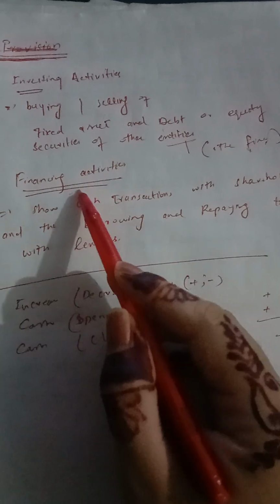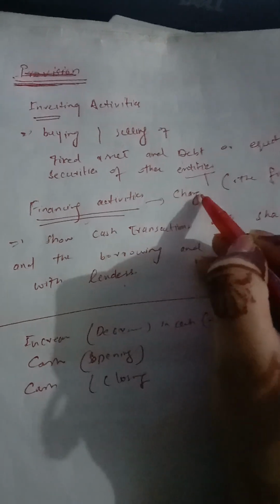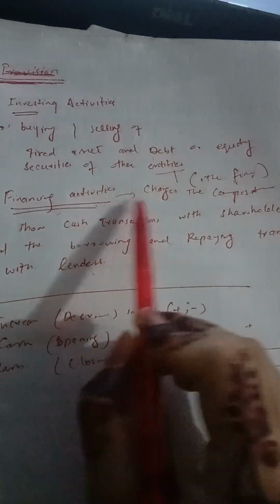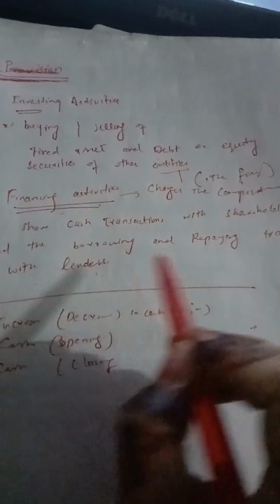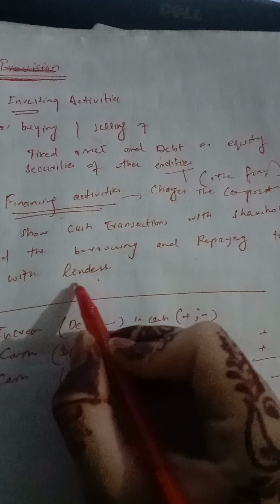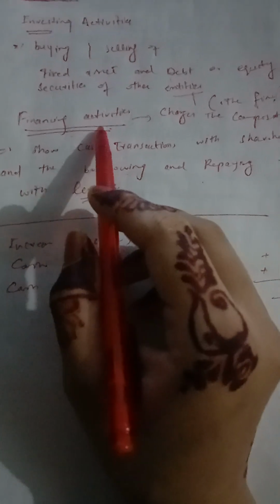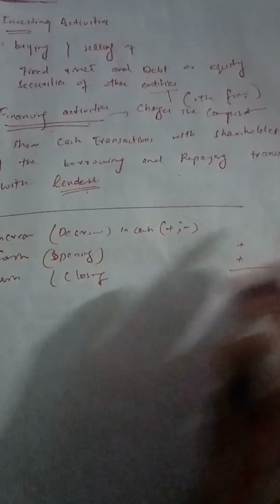As you know, the financing activities change the composition of our firm. When we repay our lenders, meaning those from whom we borrowed, the composition or size of the firm changes.